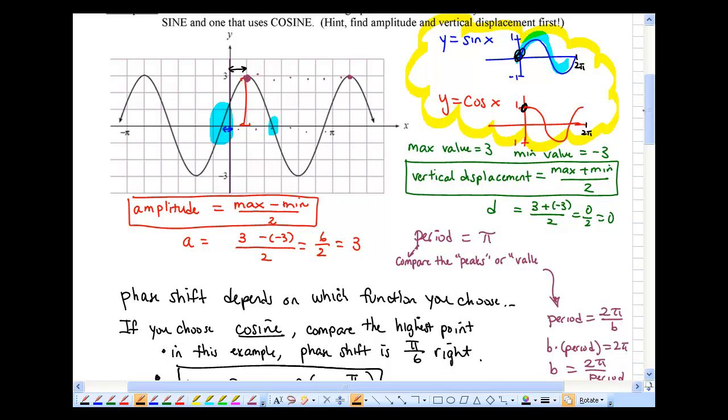So if I were to be so bold to choose this point, and I'll highlight this now in green, well, that seems to be pi over 6, another pi over 12. So 2, 4, that's 5 pi over 12 to the right.